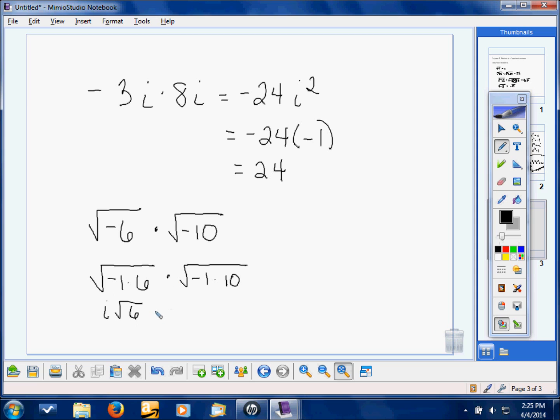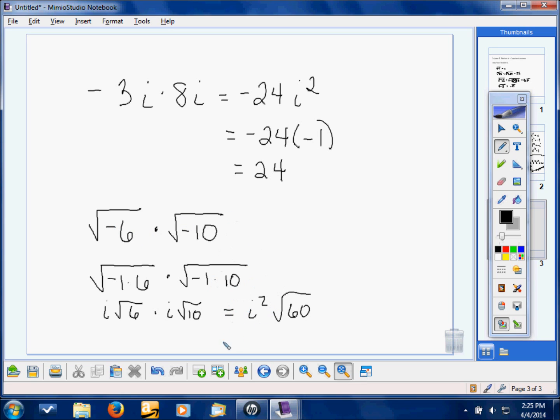And how much is this one? i times the square root of 10. Which gives us i squared times the square root of 60. Now both of those can be simplified, but it's a little bit different than if you had just said 60 underneath, because negative times negative makes positive.